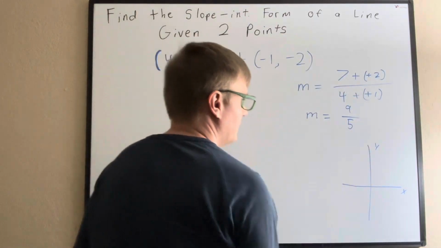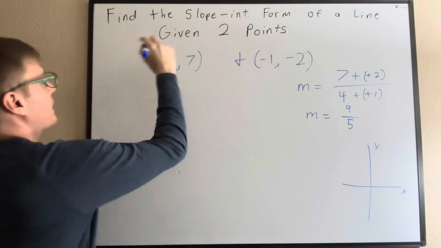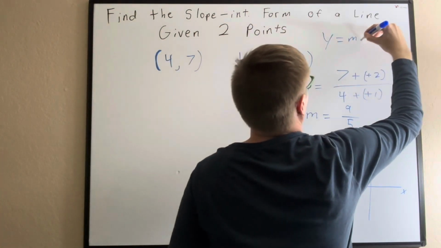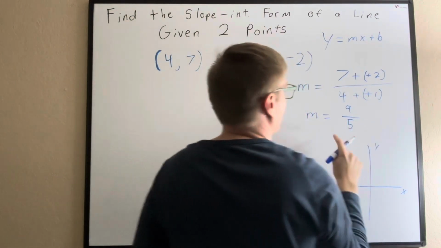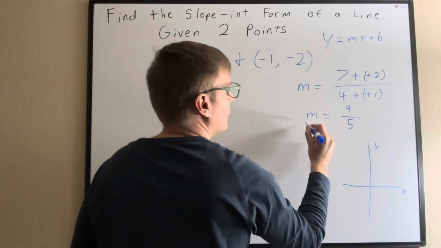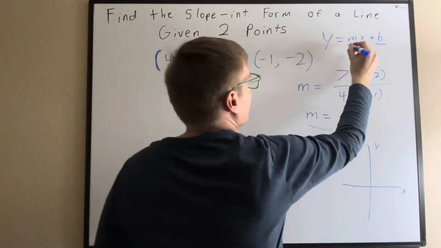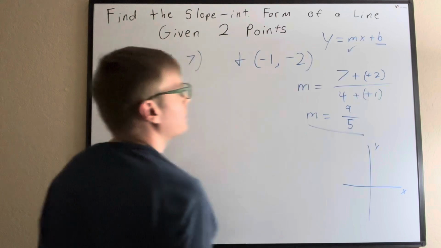So our slope is 9/5. Okay, that's part of the battle because we're trying to get a slope-intercept form, right? Which is y equals mx plus b. Well, we have the m part. All we're missing is the b part. So we got that. Check.